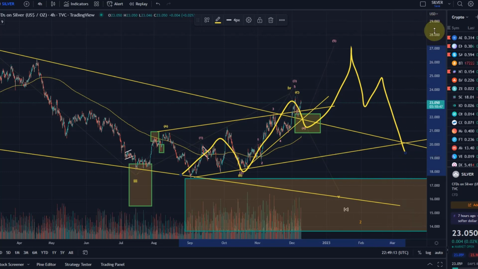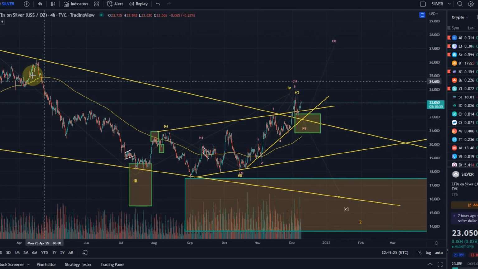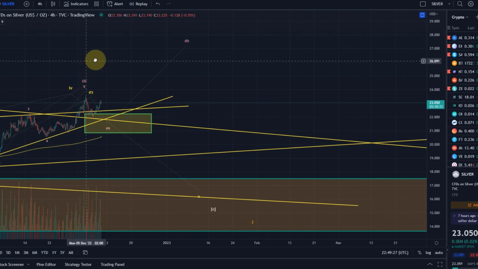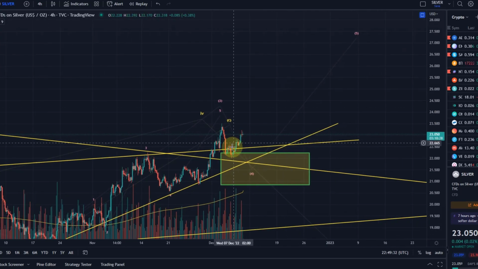And then we can rally in the next wave to the upside. It's only really when you have the 5 waves and then 3 waves down that you can confirm with a high likelihood or with a lot of confidence that a bottom has been made. So at the moment, it looks like wave 4 was already in, and that we are moving higher. This is not very clear yet.